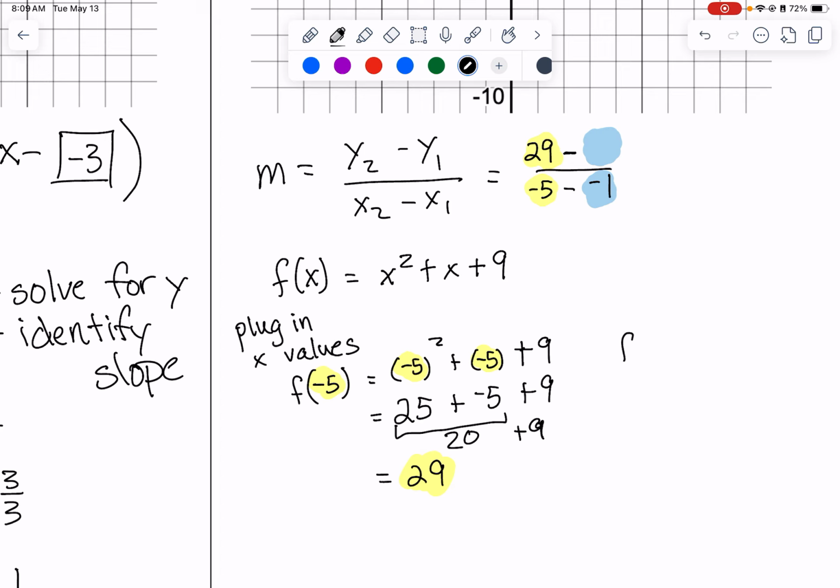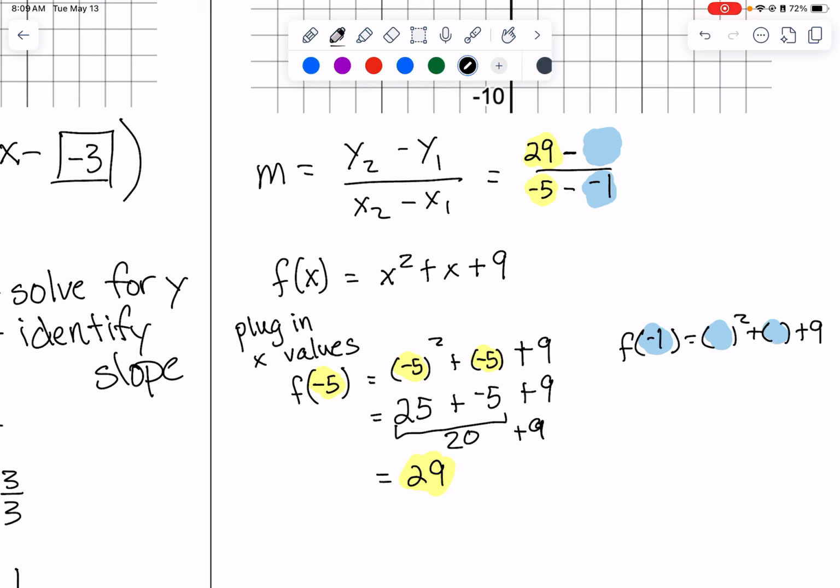I need to do very similar for the x at -1. So we're going to say f of x, f of something, equals something squared plus something plus 9. And again, now we're plugging in this -1. So we're going to plug it into those spots for x.